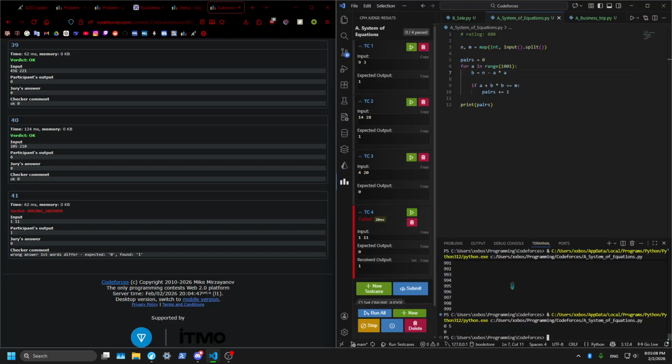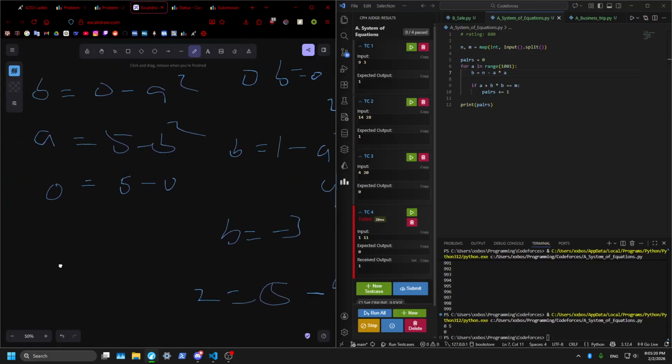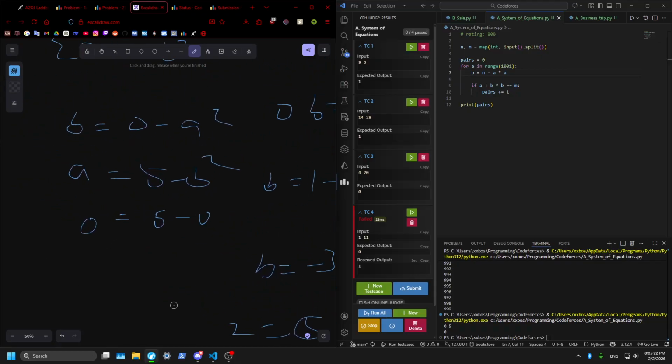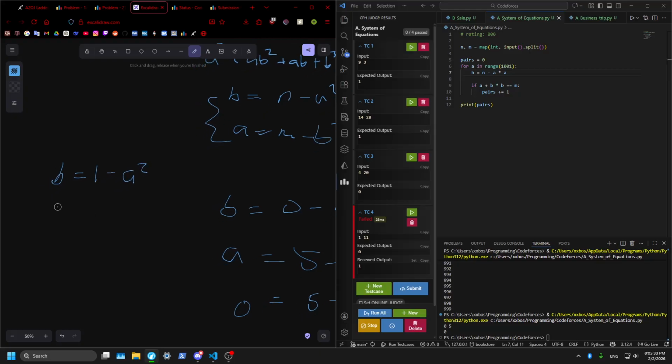Received output is 1. So, what's the valid pair? B equals 1 minus A squared, and then A equals 11 minus B squared.